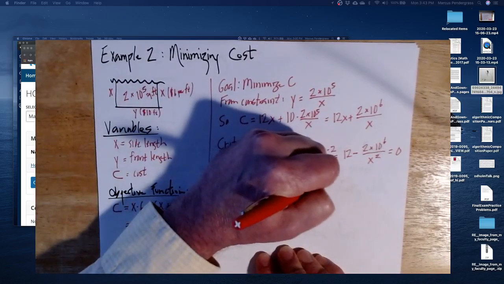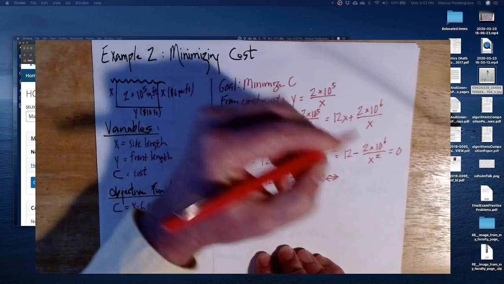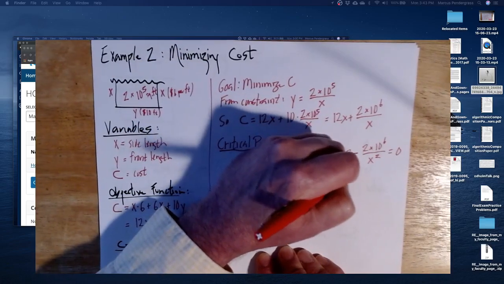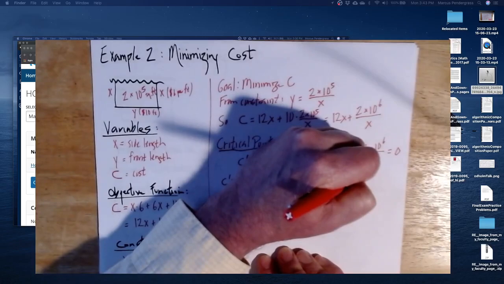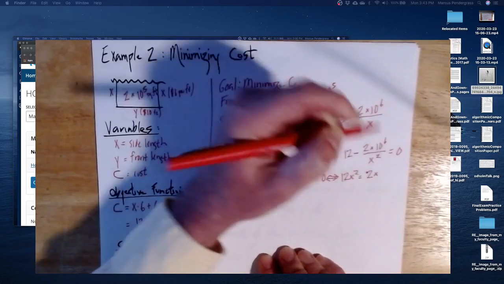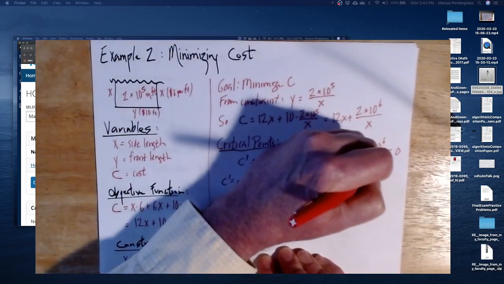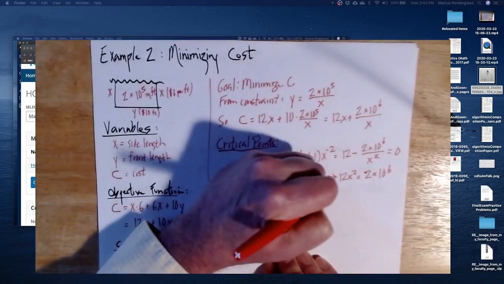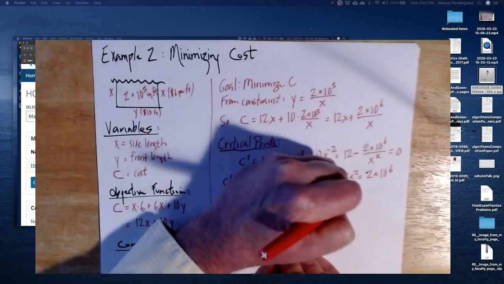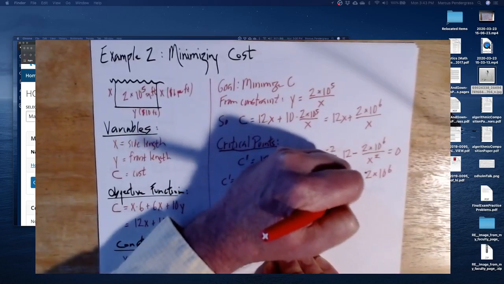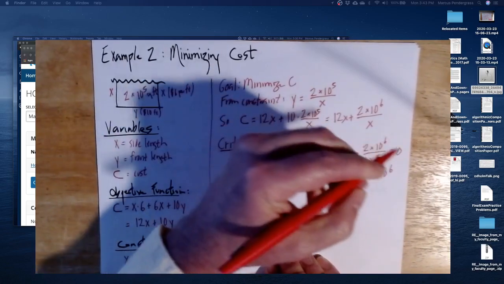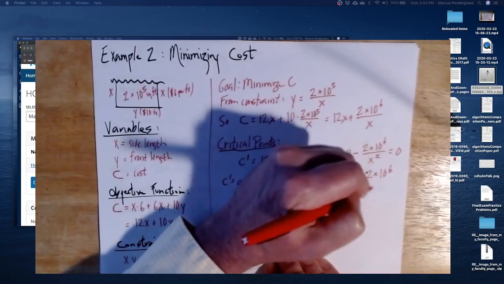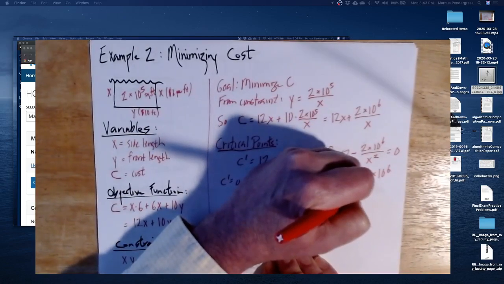But that would mean that 12x squared equals 2 times 10 to the 6th. And that would mean that x squared would equal 2 times 10 to the 6th over 12.